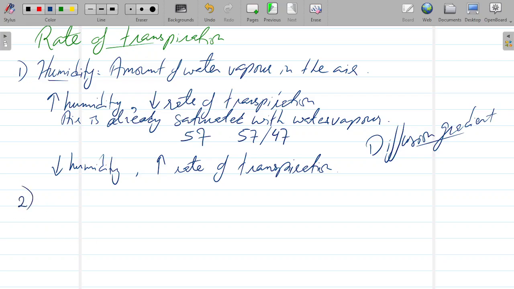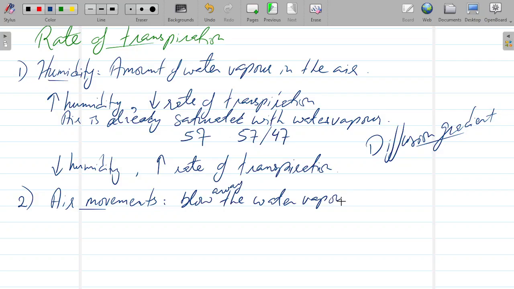Second up, we have air movements. And so what is air going to do? It is going to blow away the water vapor surrounding the leaf, right?